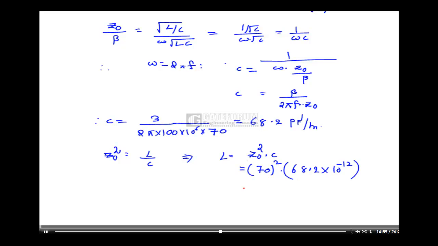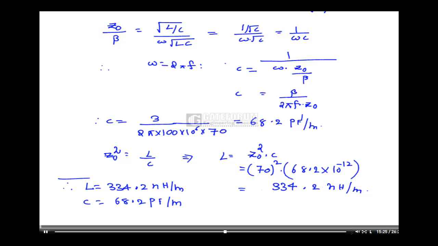Calculating this value, you will get approximately 334.2 nanohenry per meter. So this is the L value. Therefore, L is equal to 334.2 nanohenry per meter and C is equal to 68.2 picofarad per meter.